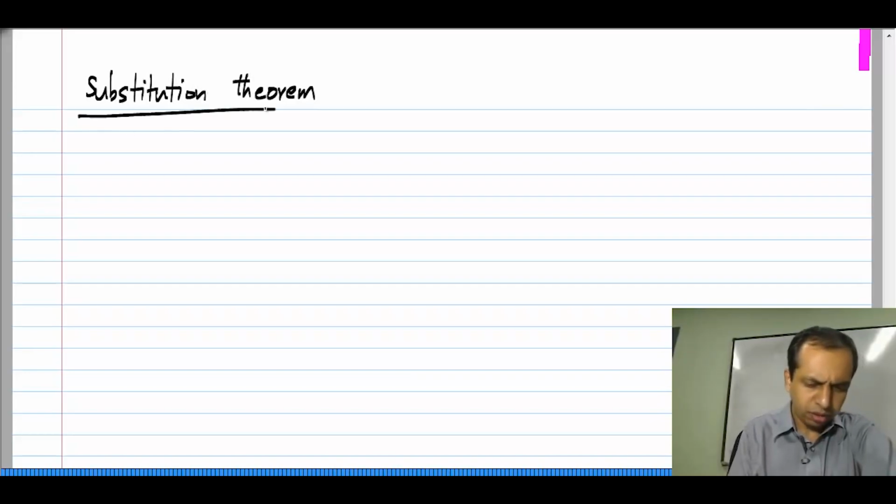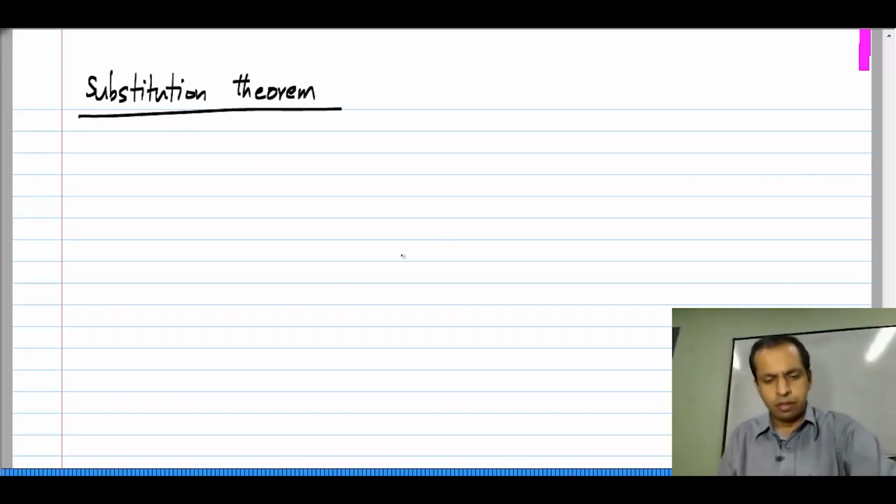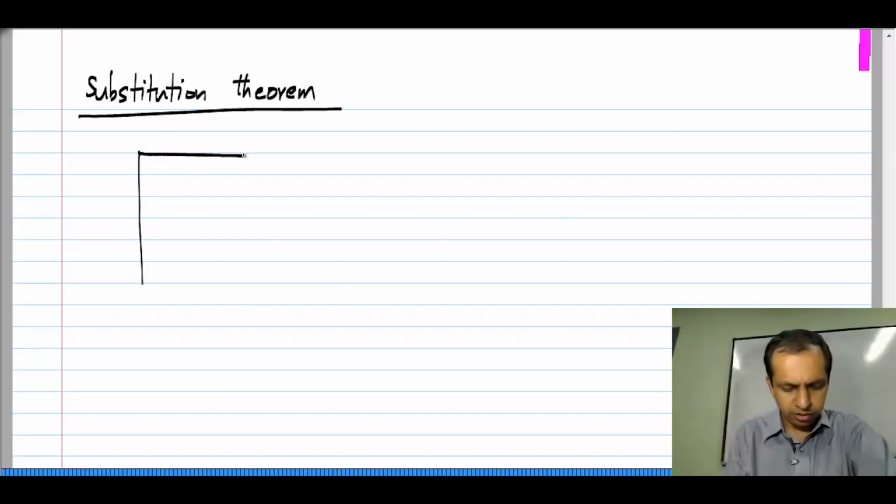In this lesson, we will consider another elementary circuit theorem known as the substitution theorem. Now, let us consider a circuit with some element.